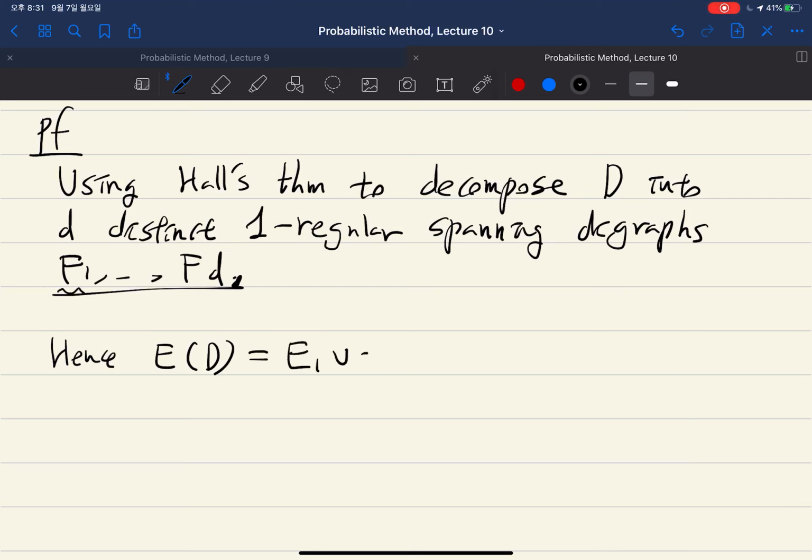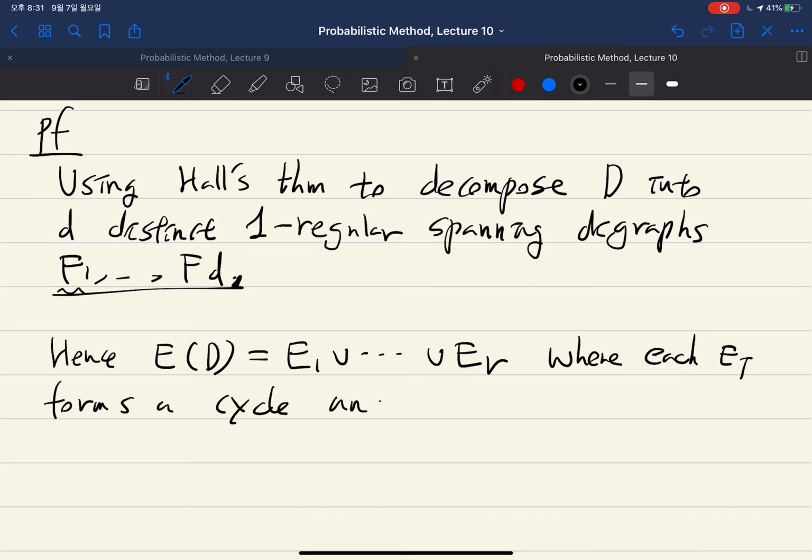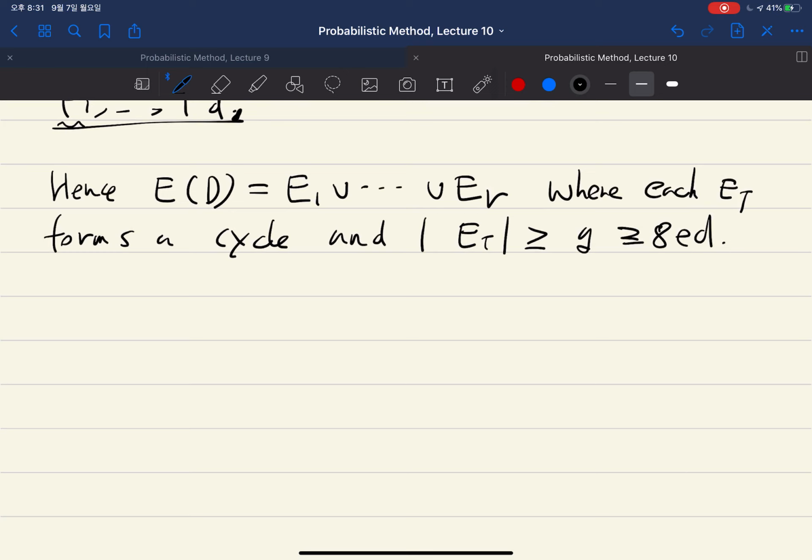So this can be decomposed into, say, R many edge sets, where each E sub i forms a cycle. Moreover, because of the girth condition, the number of edges there is at least g, which is at least A times ET.